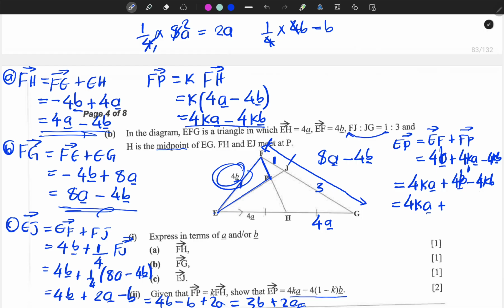So we need to factorize what is common. So 4 is common, we have a 4 here and we also have a 4 here. So you write your 4, you open brackets. What else is common? b is common. This is for b, this is for kb, so b is common, but the b must be written on the other side of the brackets according to their arrangement. So here 4 is gone and b is gone, so we have a 1, minus 4 is gone and the b is gone, so we have a k. As we can see, we have our final answer, so we can say hence shown.